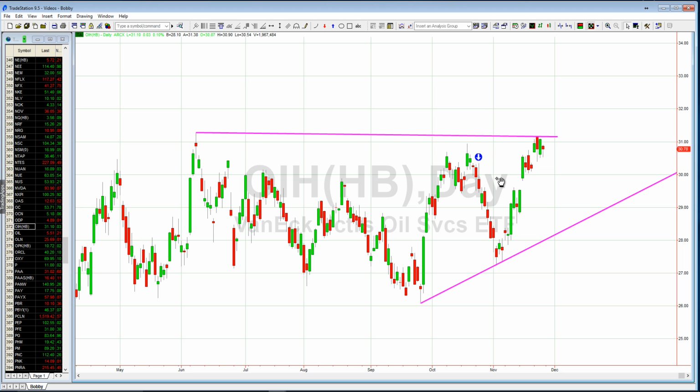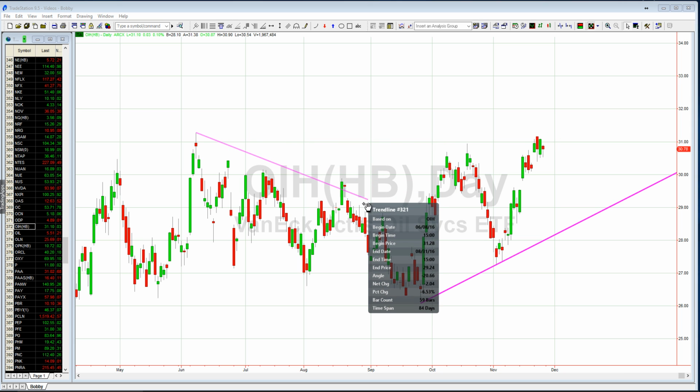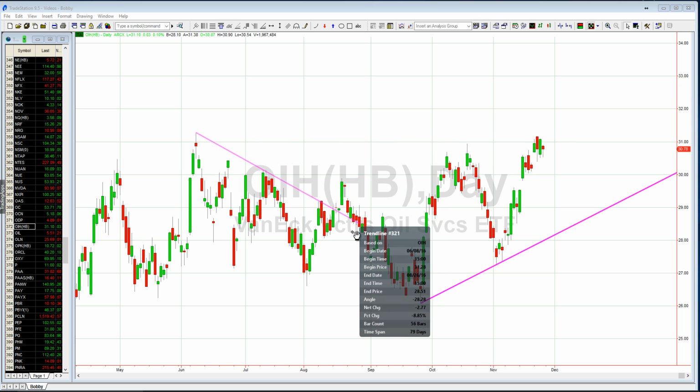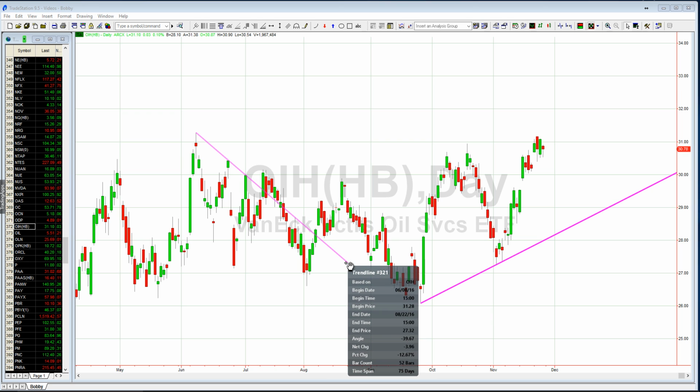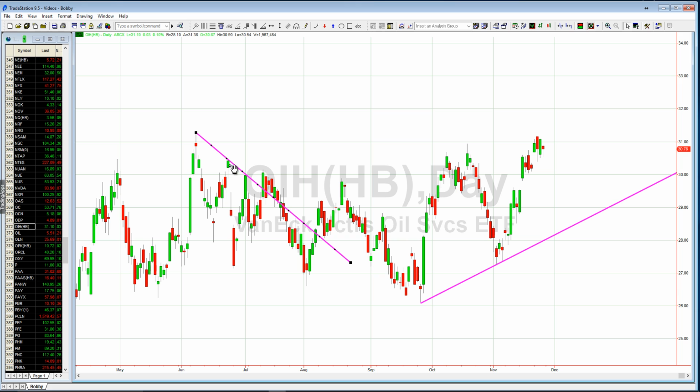And I played around with these several years ago, and they're somewhat effective, but I don't use them in that aspect. What I do is I look for pivots where there's an extreme move from that point.